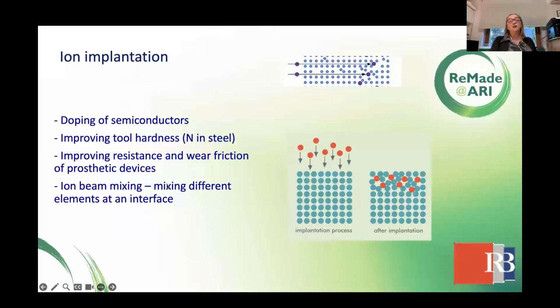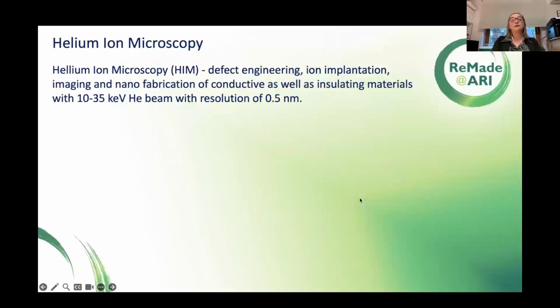And this can be very useful, except for doping, for improving the hardness of different tools, for instance doping of nitrogen in steel. Also, we can improve the resistance and wear friction of prosthetic devices. And we can do some mixing of ions at an interface to change this interface.